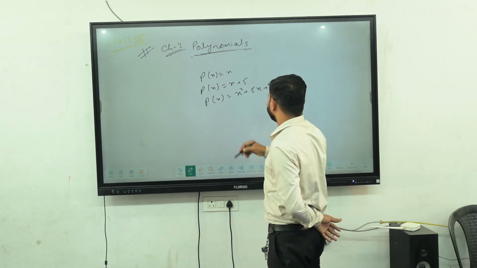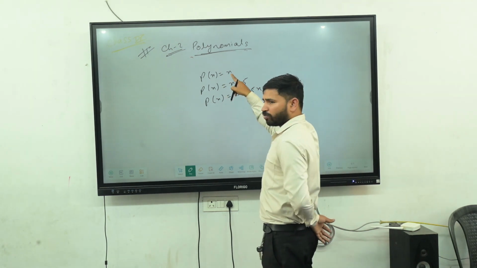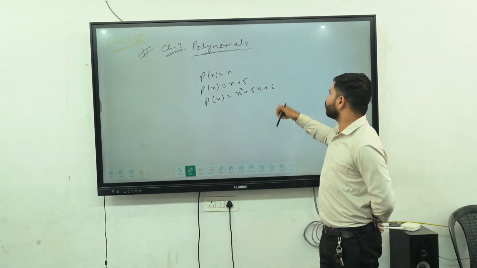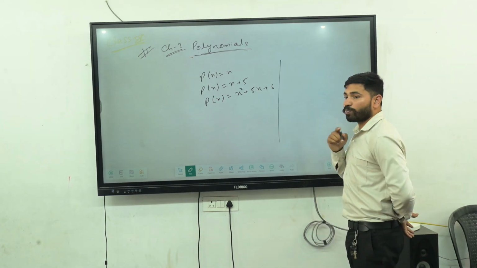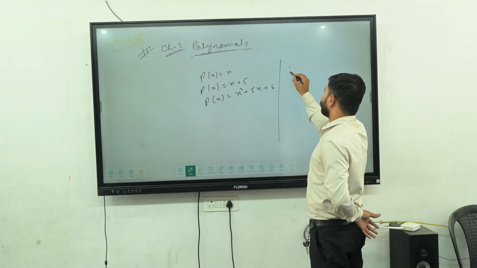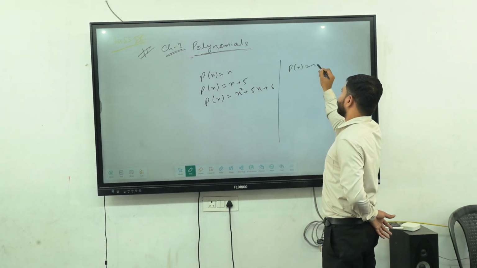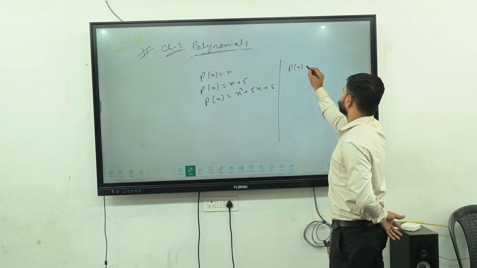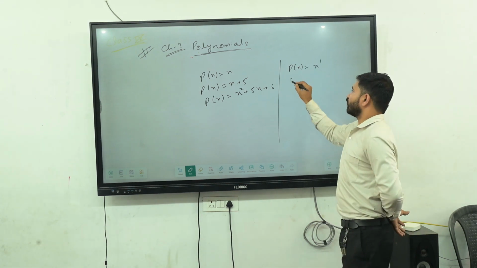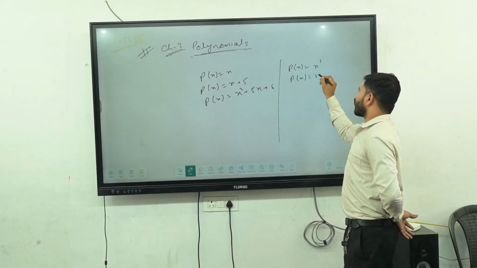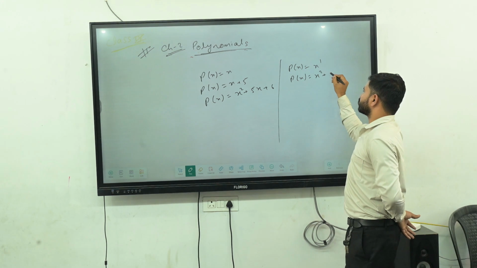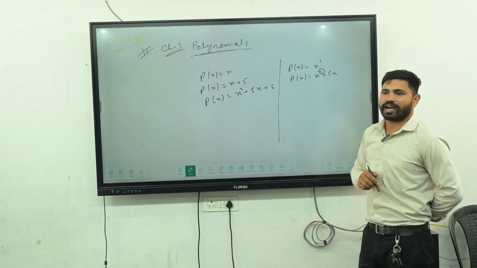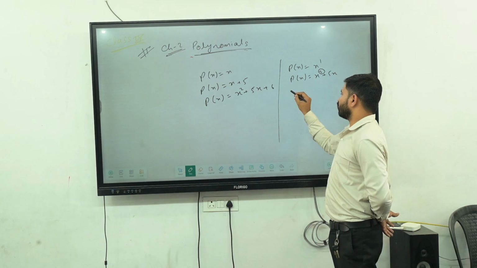Okay, and just like first term, second term, third term, one term, two terms, three terms, we also study polynomials as linear, cubic, quadratic. Like P(x) equals x, the power of the variable is 1, that's why it is called linear. P(x) equals x to the power 2 plus 5x: see the power of x, it is 2, that's why it is called a quadratic polynomial.